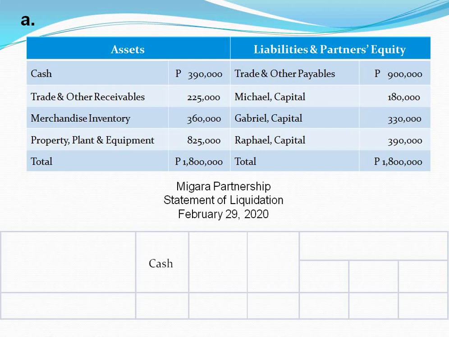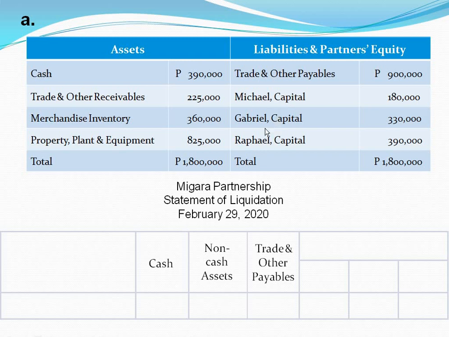Now, since this problem concerns total or lump sum liquidation, where the selling price or cash received from the sale of all the non-cash assets is given as a single or lump sum price, in our statement of liquidation, we can just combine all these non-cash asset accounts into one and call it non-cash assets. Then, we continue on with trade and other payables.